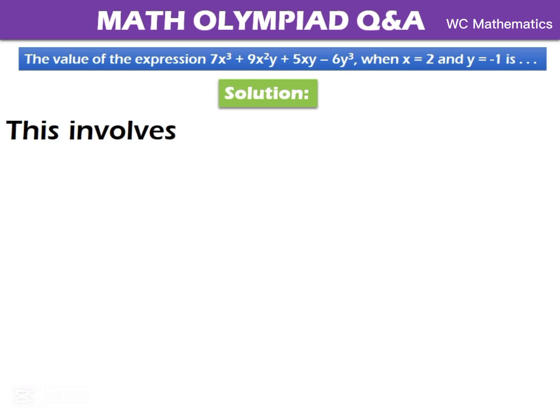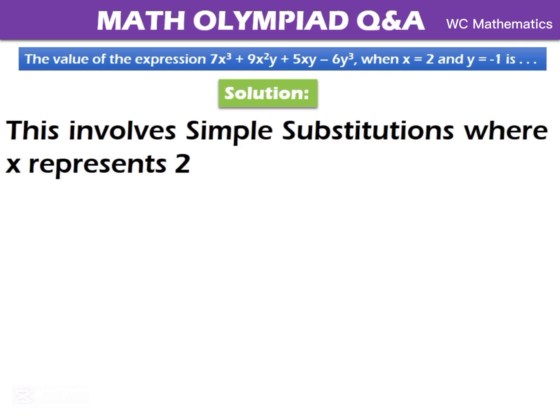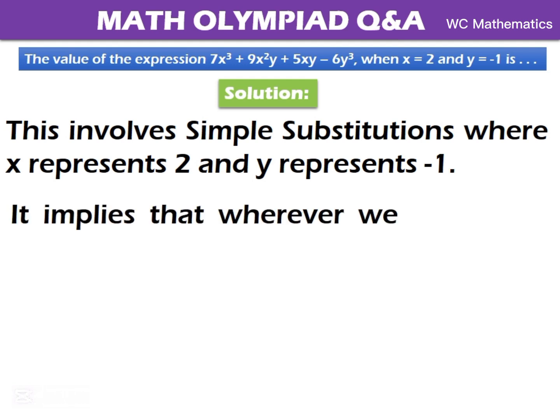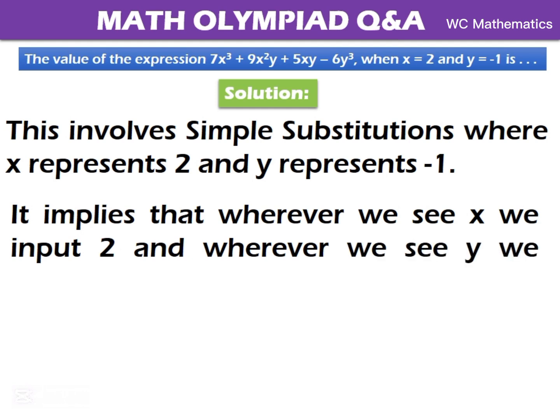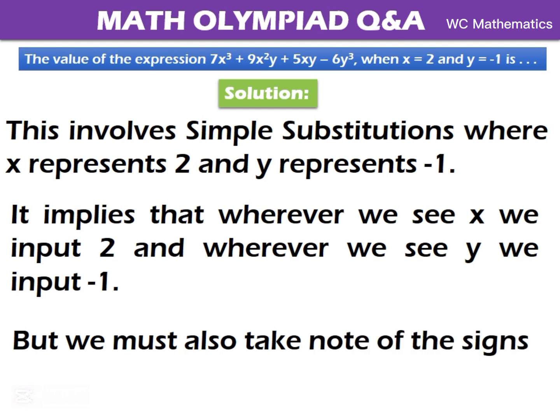This involves simple substitutions where x represents 2 and y represents minus 1. It implies that wherever we see x, we impute 2, and wherever we see y, we impute minus 1. But we must also take note of the signs.